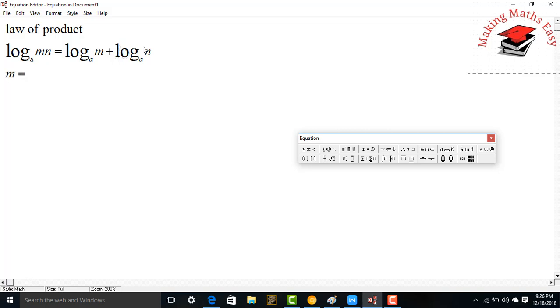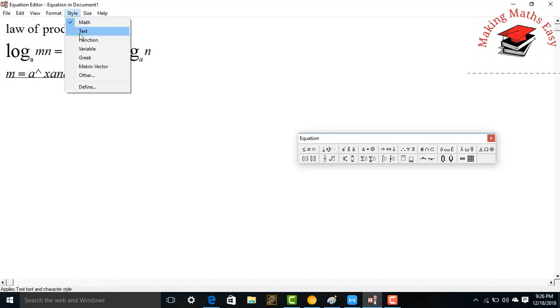Let m equal a raised to x, a to the power of x, and another variable, n, equal to a raised to y.